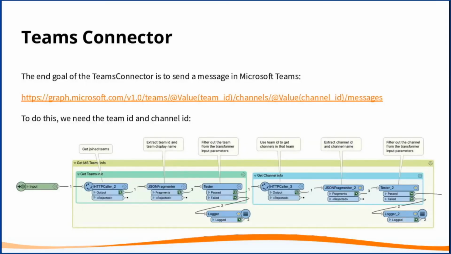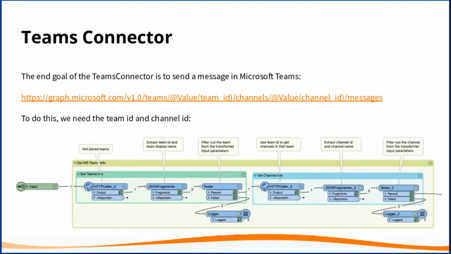The end goal of the Teams connector, as I mentioned, is to send a message in Microsoft Teams from FME. This is the API call that we took from the Microsoft Graph documentation that sends the message to Teams. You can see as part of the URL, one of the things that we need is the team ID and the channel ID.